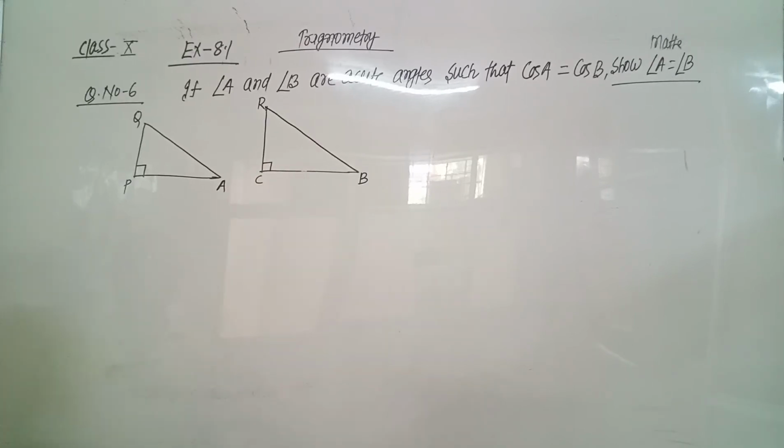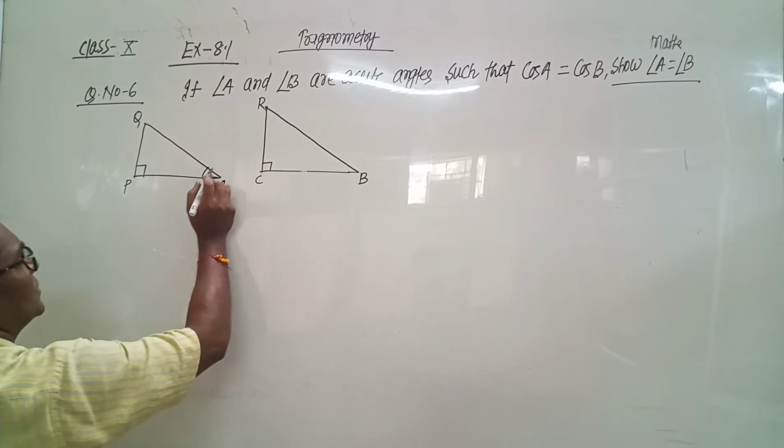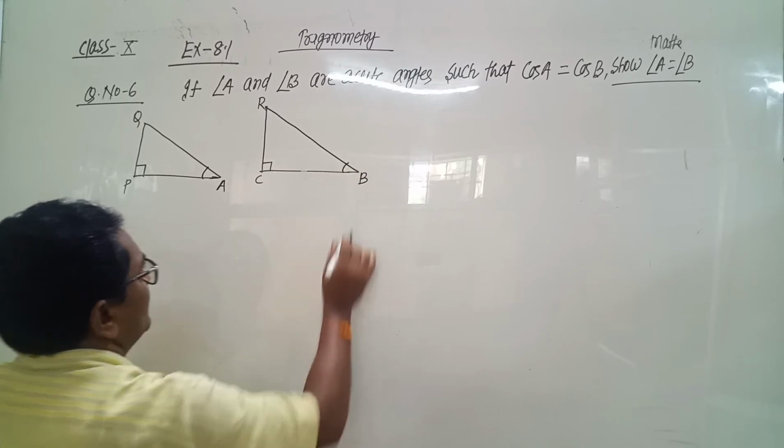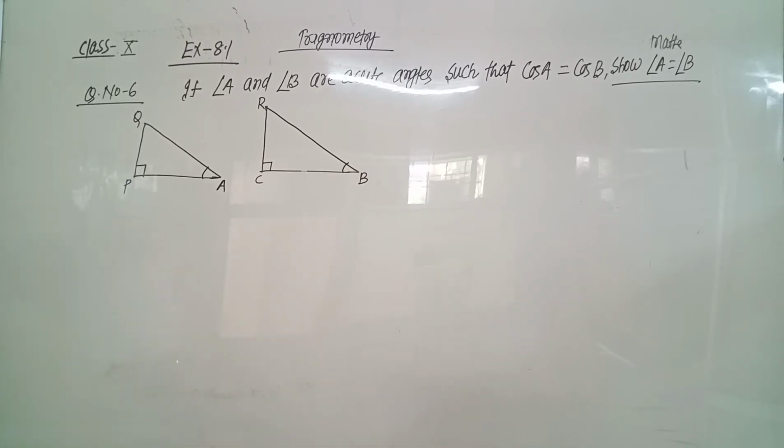We have drawn two right triangles, APQ, in which angle A is acute, and right triangle BCR, in which we have taken angle B as acute.